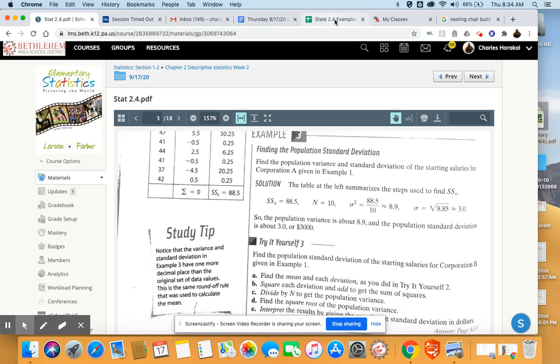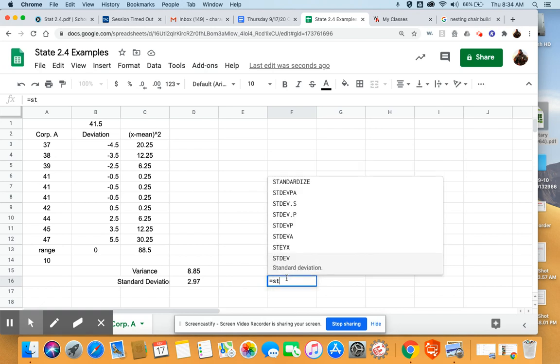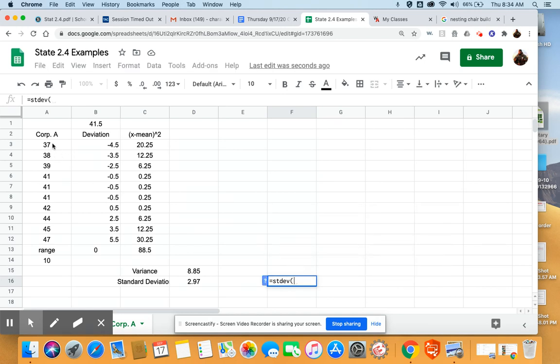Okay. Now let's check. I don't know if Google Sheets has a shortcut. Let's try equals standard deviation. It does. So equals STDEV, parenthesis, and let's highlight this data and see if we get the same answer. Probably will.